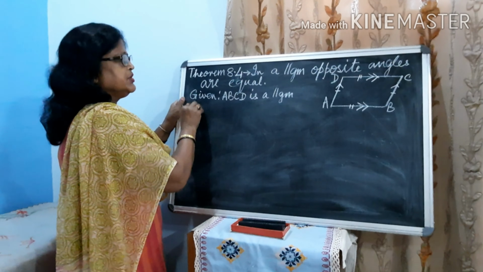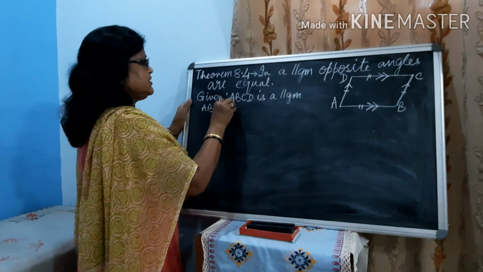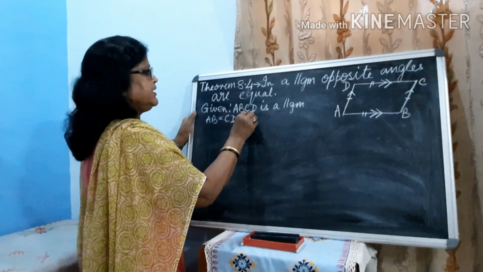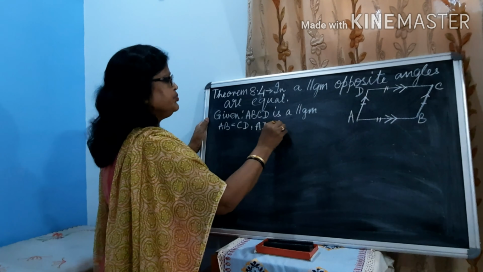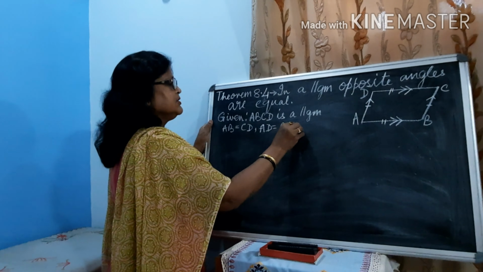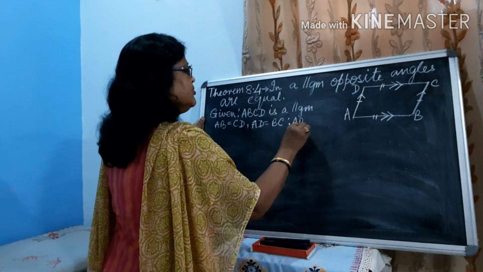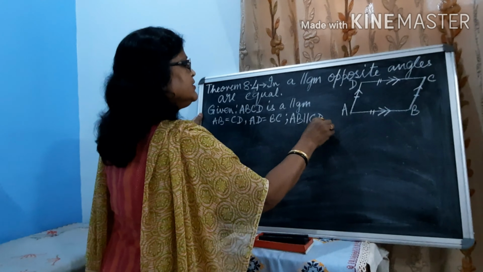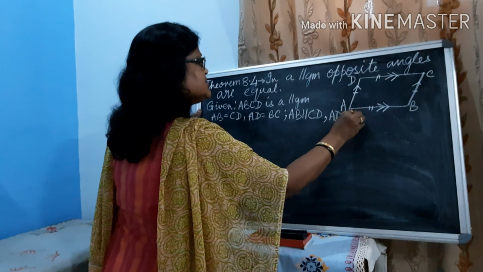Write down now. AB is equal to CD and AD is equal to BC. Then AB parallel to CD and AD parallel to BC.